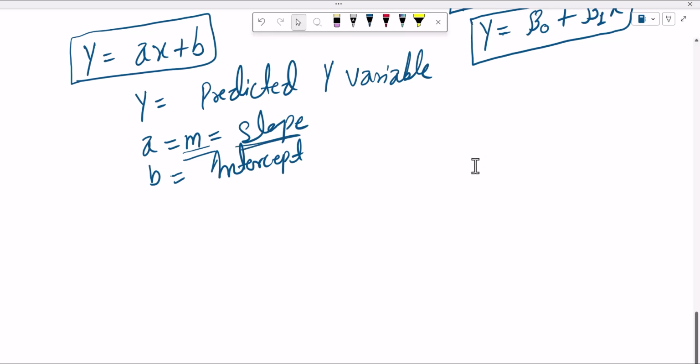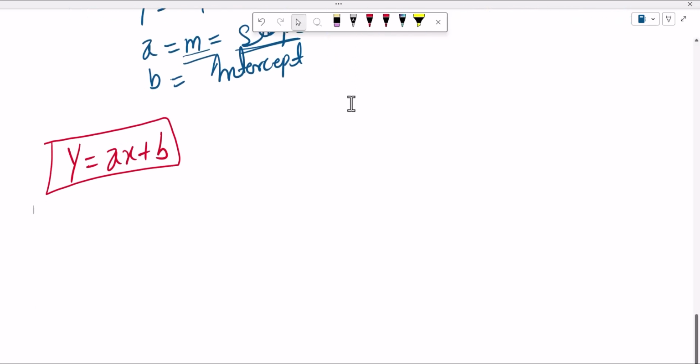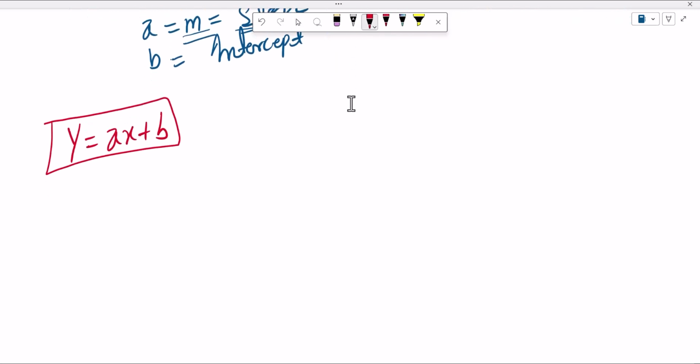Now we will write the formula for linear regression. Generally y equals ax plus b. You need to keep in mind that this is the equation for linear regression, and we need to find the value of a, which is the slope.